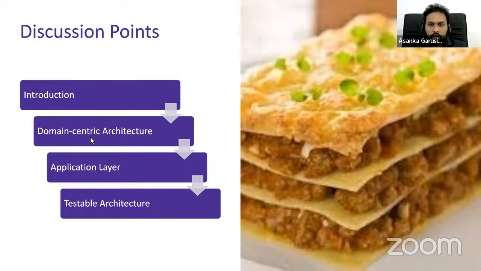So I will give you some level of understanding of what domain-centric architecture is. And we are talking about the application layer, how we are organizing our application, basically attached to clean architecture. And then we are going to talk about testable architecture, how to do proper testing with the defined clean architectural practices. You can see in this picture a layered lasagna.